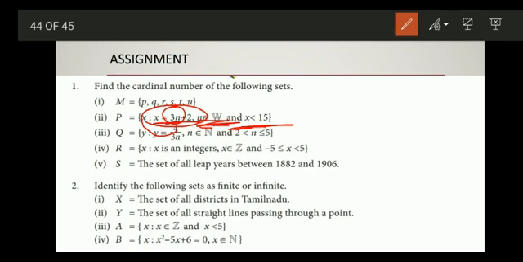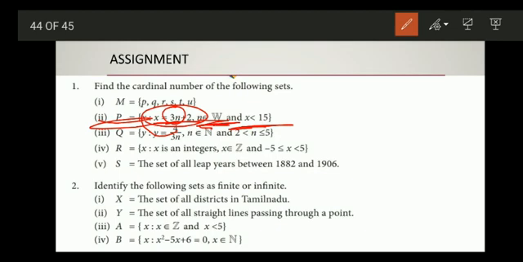For example, if you substitute n as 3, 9 plus 2, right, 3n plus 2 will be 11. 11 is less than 15. So 11 will be there in this set P. But when you take 4, 3 4s are 12, 12 plus 2 is 14. When you take 4 also in place of n, it will be less than 15.